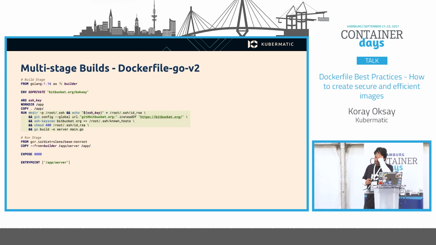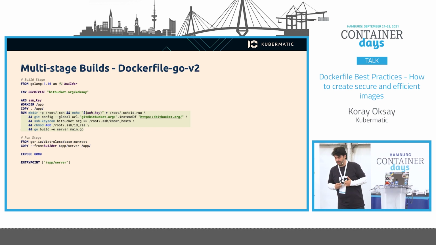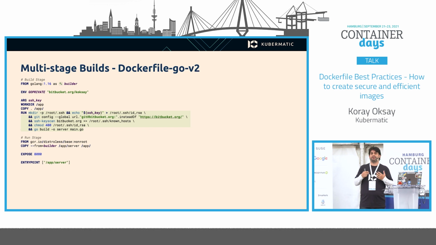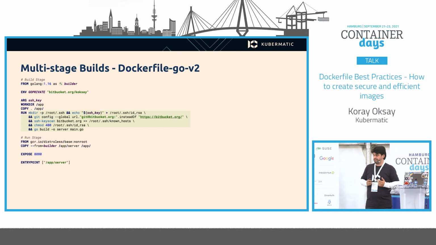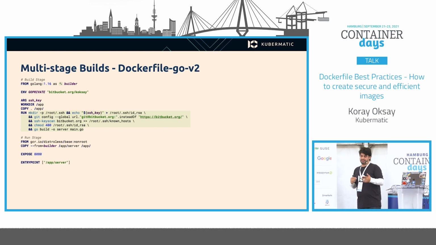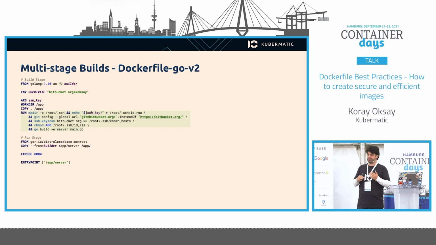So the solution is to use multi-stage builds. Multi-stage builds are very easy. In one stage, in one container, you do some stuff, and then the output, the artifact, whatever it is, can be copied to another container. And everything happens inside the Docker build. So here what I do is the same thing. I didn't add a user to the build stage, because in any case we will copy the binary from there.